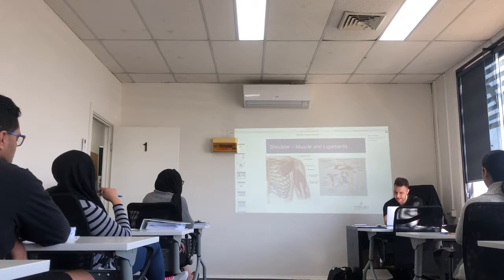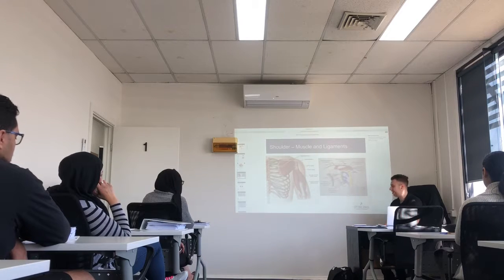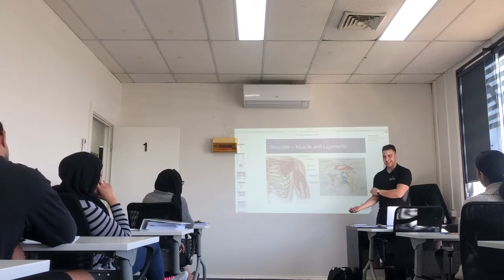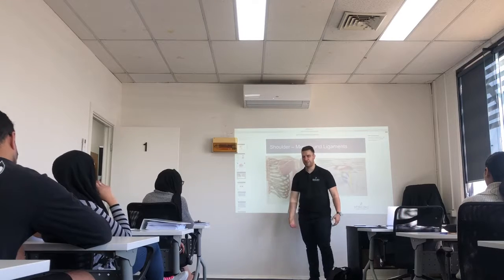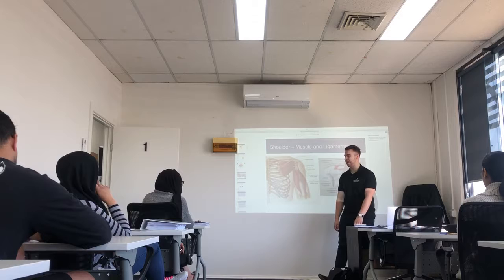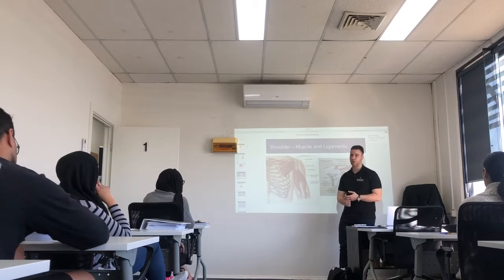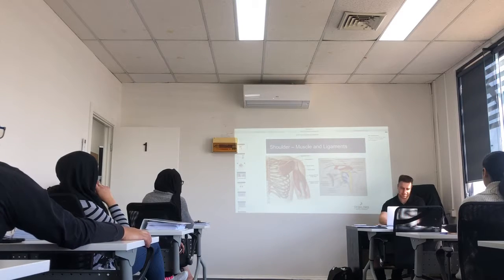You can tear things like your labrum, your bicep tendon, so actually tearing your whole bicep. That's pretty bad. Recovery for something like that could be up to 2 months, even up to 6 months, depending on what you do in your rehab phase, but it can be pretty intense.